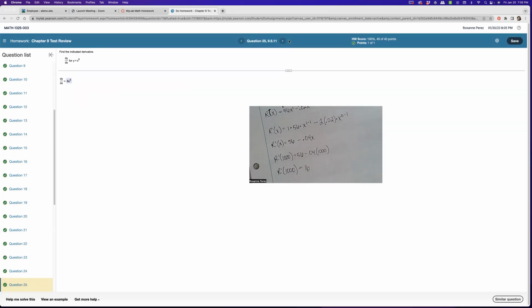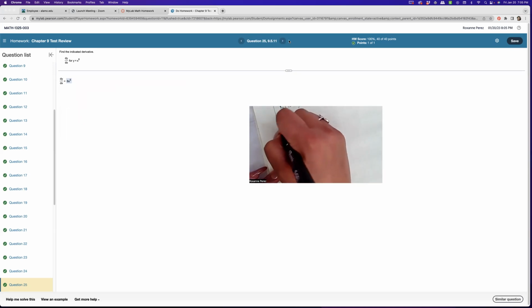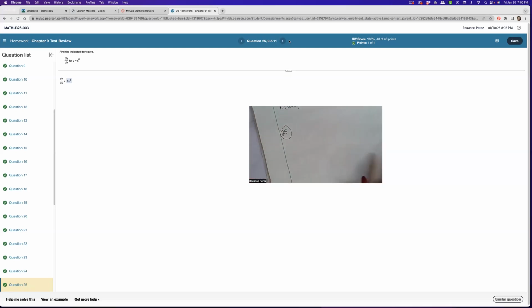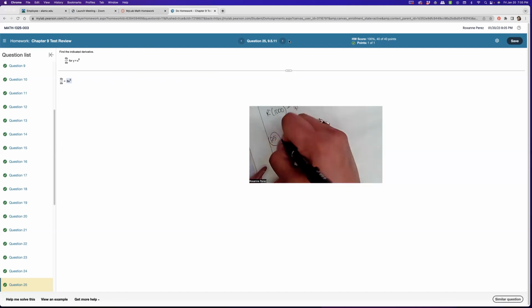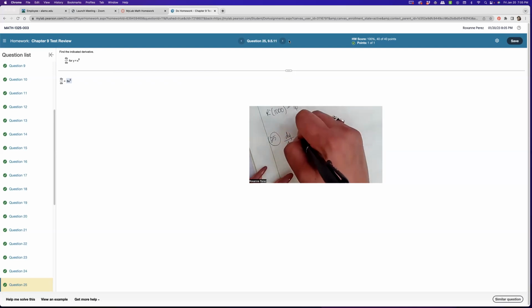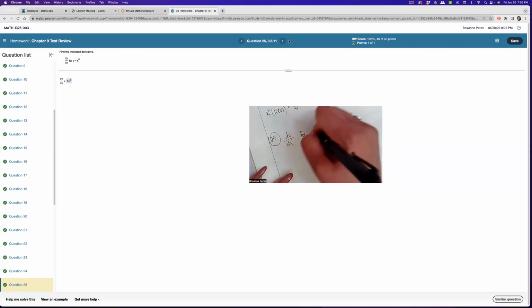Okay, next question, 25. Here they're just asking us, this is a lot of funky notation. That's just dy over dx. That's just asking you for the first derivative of your given function. So dy dx for y equals x to the 6th power.